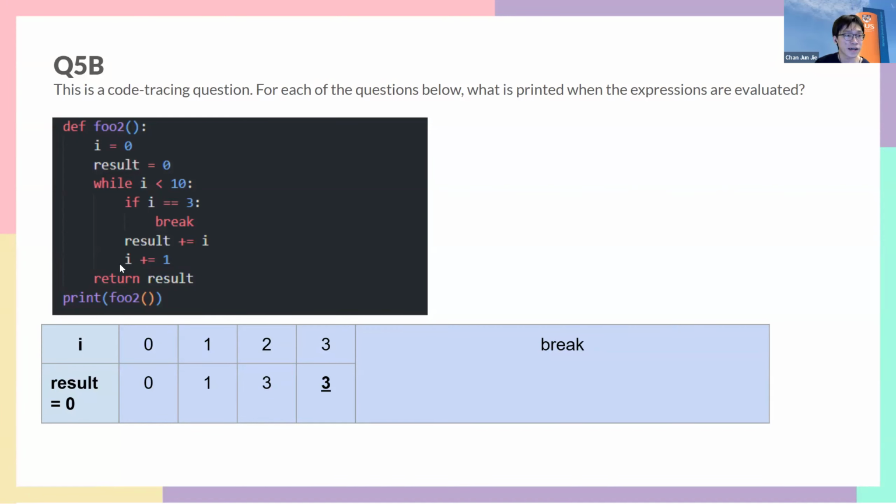But when I plus 1 to be equals to 3, the if statement is reached. So I equals to 3 will break, and this part of the code will not be run. And the whole while loop will stop running. And then you return the result. So the last value of result is 3.